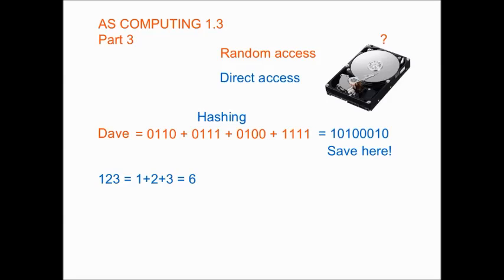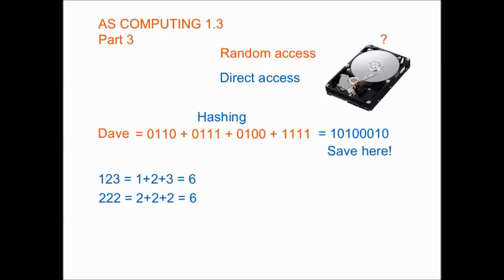The problem with this is that many simple sums and many numbers would follow the same sum and end up in slot 6. For example, the piece of information 222 would be put through the hashing algorithm 2 plus 2 plus 2, and that also equals 6, meaning that they would have to fight over that slot.